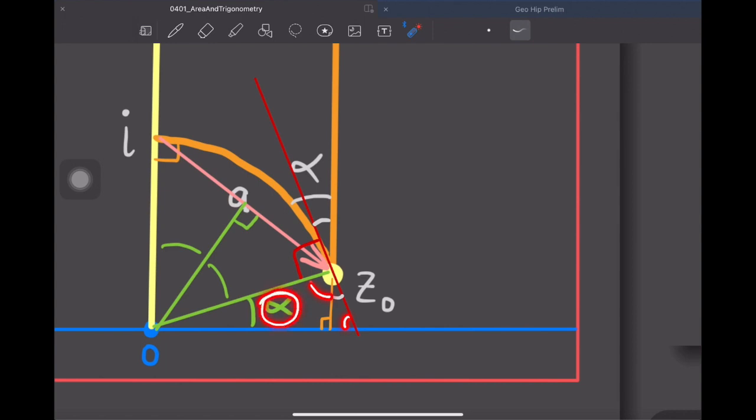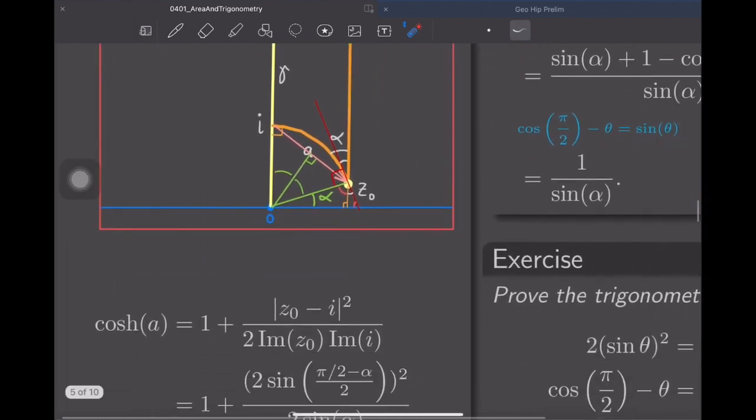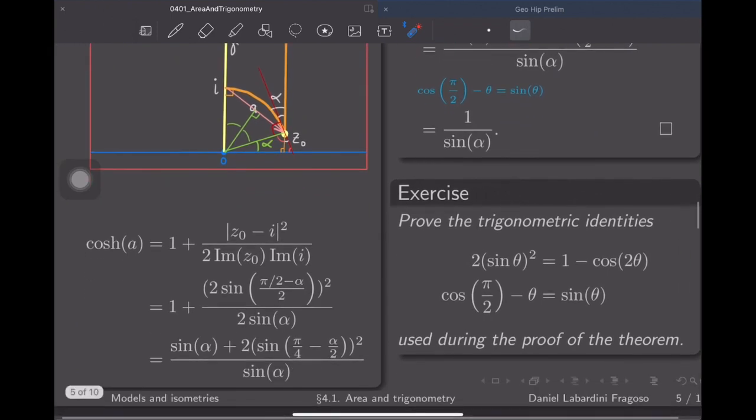I'm not assuming that this is alpha at all. So these two are equal, and then this must be alpha. Now I deduce this is alpha. Since this is really the unit circle, this height really is the sine of alpha. So the imaginary part of Z0 is sine of alpha.